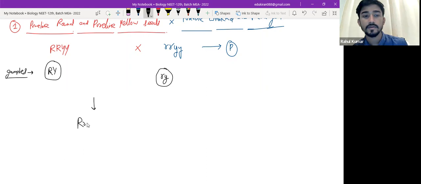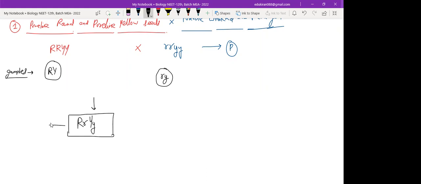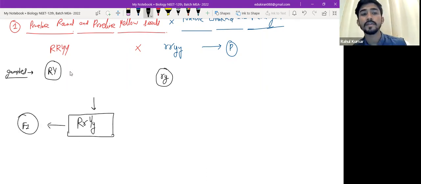Yes. All the progenies will be this only, correct? Yes or no? Yes. In F1 generation, all the progenies will be this, because there are only two types of gametes made which can be crossed now. Is it clear, everyone?